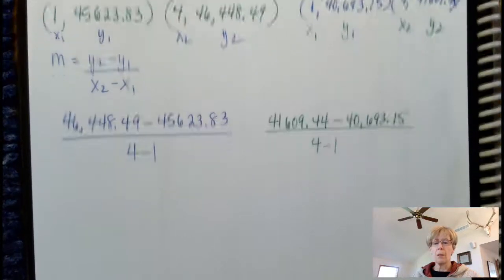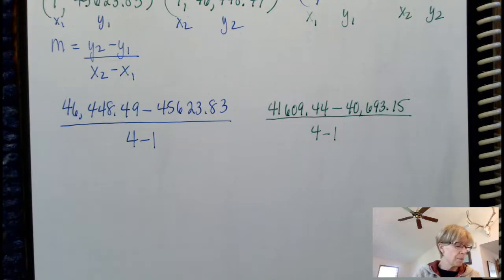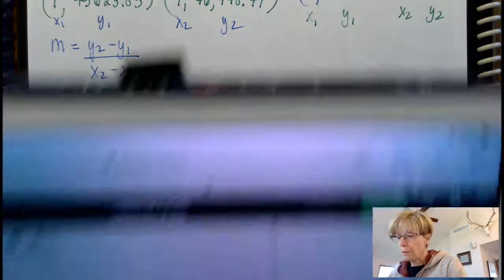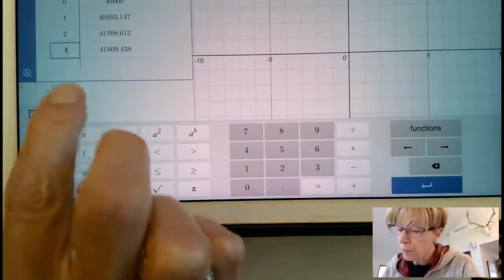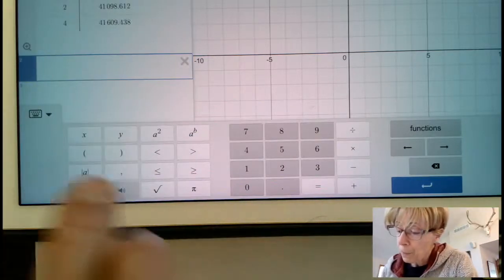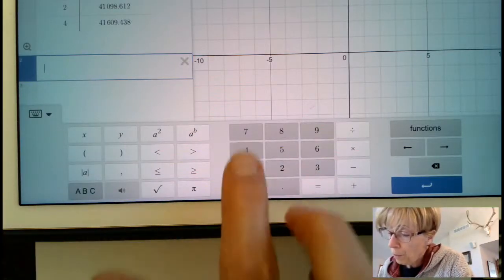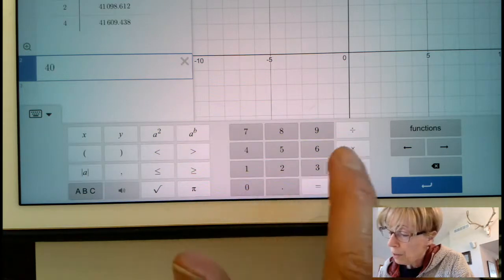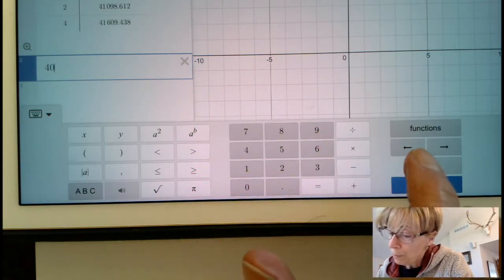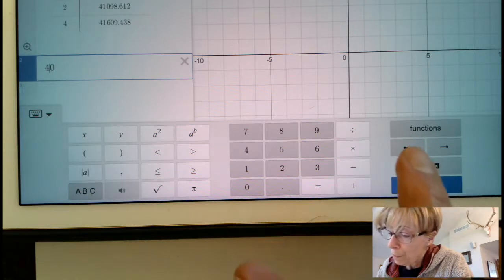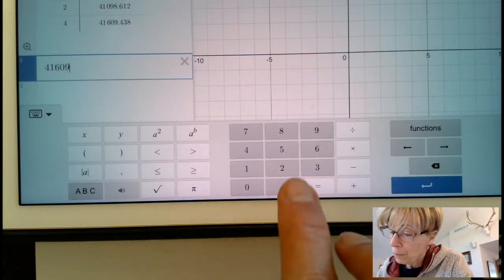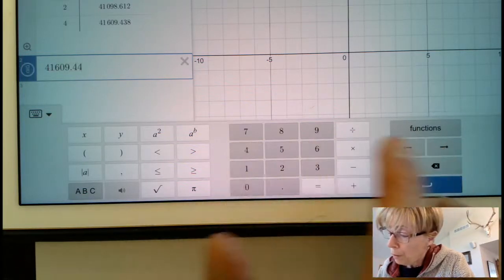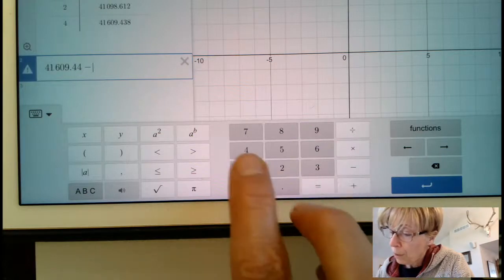I want 41,609 minus 40,693.15. I might need parentheses around that. Divided by 4 minus 1, 305.43. The other one I'll show you in a minute.